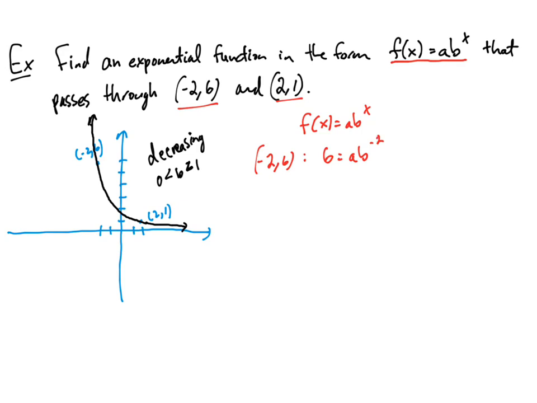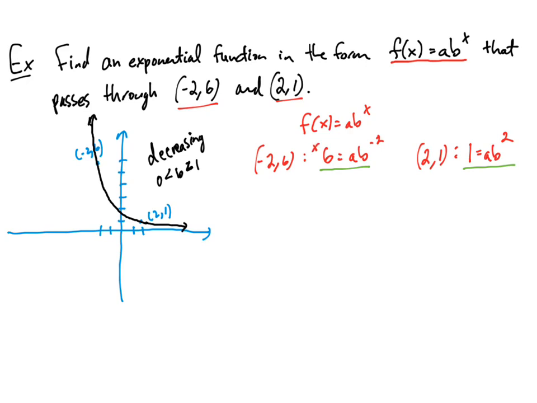When I plug in the other coordinates, I get 1 is equal to a times b squared. In these two equations, we want to ultimately solve for a and b. The a and b values will be the same in each of these. So what I want to do first is isolate either a or b in one of these equations. We could do this in a variety of ways.